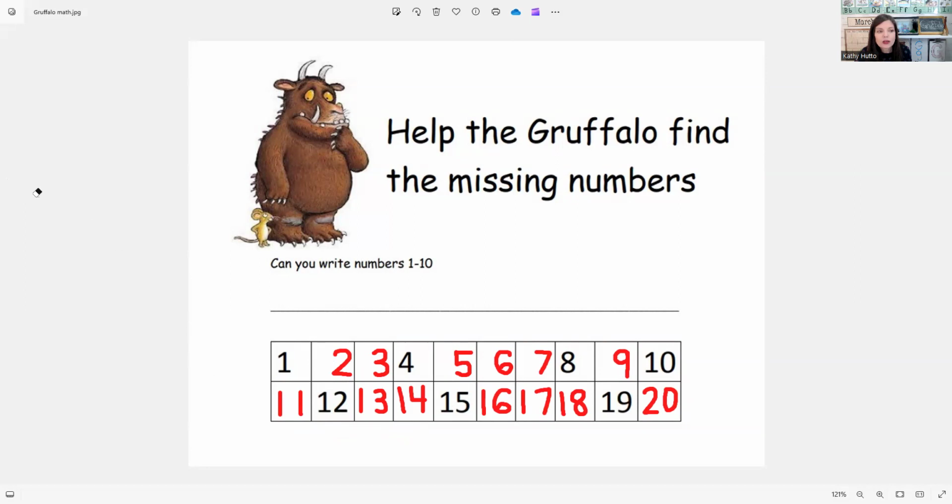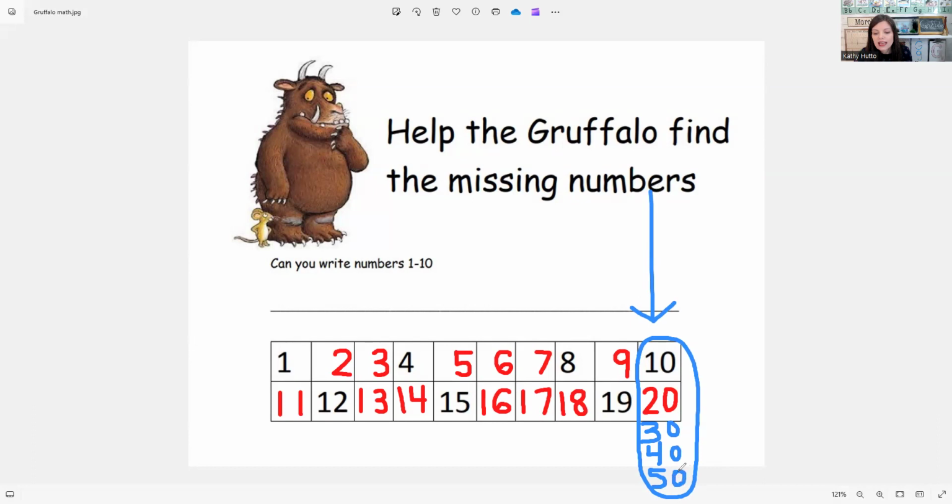1, 1, 1, 2, 1, 3, 1, 4, 1, 5, 1, 6, 1, 7, 1, 8, 1, 9, and then 2, 0. I want to talk about this for just a moment. I see another pattern. I see 1, 2, 3, 4, 5, and I could keep going and put a 0 at the end of each of these.